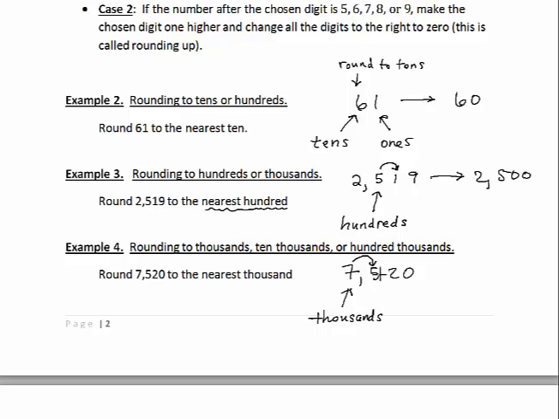When we have that digit to the right of the place that we're rounding to, we increase this digit by 1. So, in other words, 7,520 is closer to 8,000 than it is to 7,000. And so that's what we round it to, 8,000.